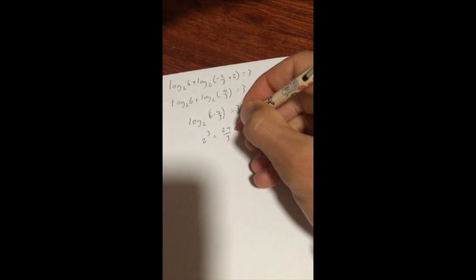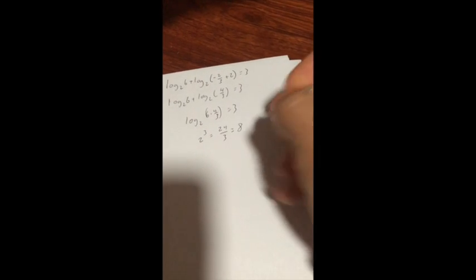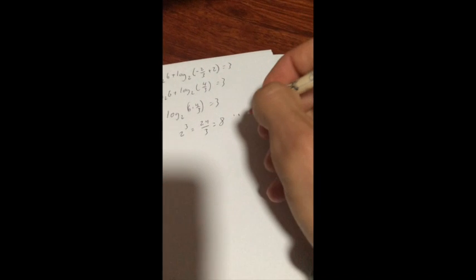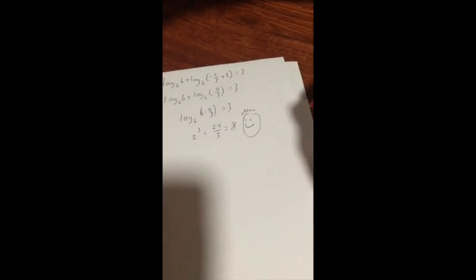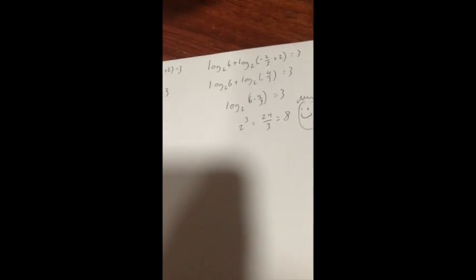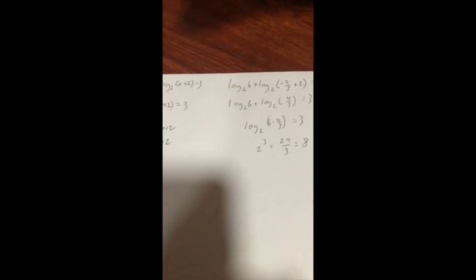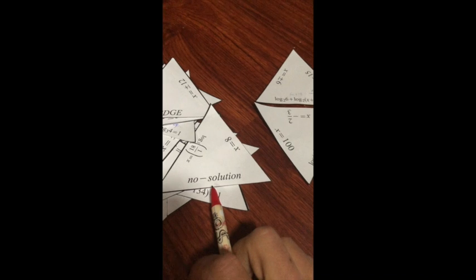And we get 24 thirds, which is in fact equal to 8, which is what 2/3 is. Yay! Go us! But you'll notice there's one that says no solution. What might that look like?